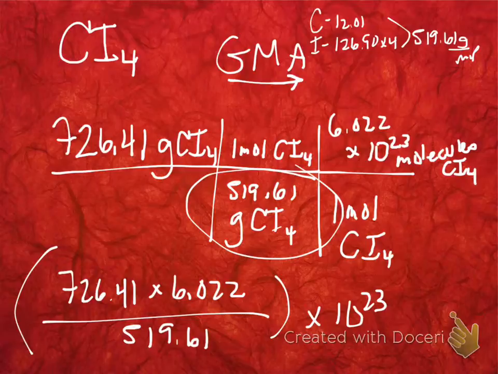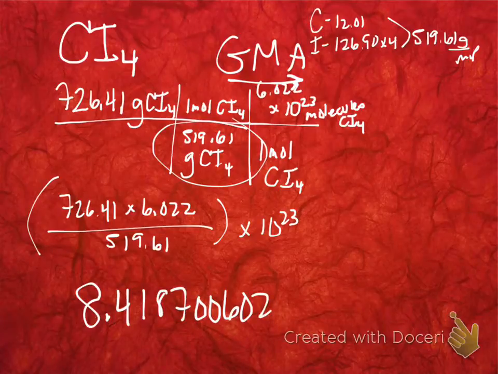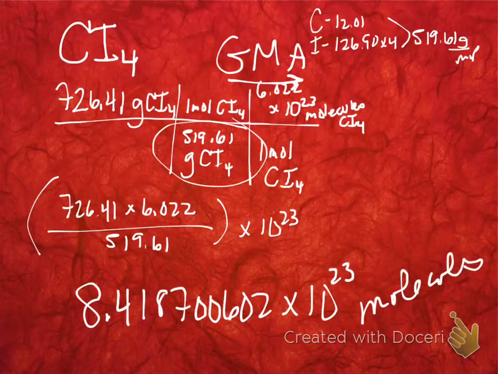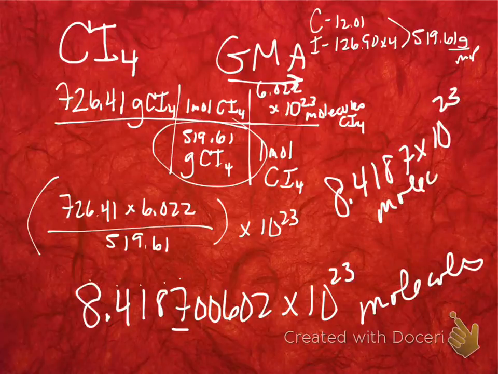So what we end up with, and it's actually nice because you don't have to move decimals, it ends up nicely, 8.418700602 times 10 to the 23rd molecules. We have a whopping 5 sig figs, 1, 2, 3, 4, 5, so we can go out to there. So our final answer is 8.4187 times 10 to the 23rd molecules of CI4.